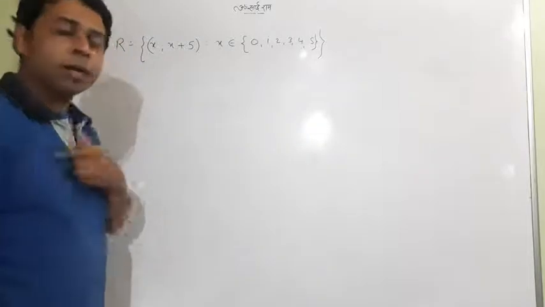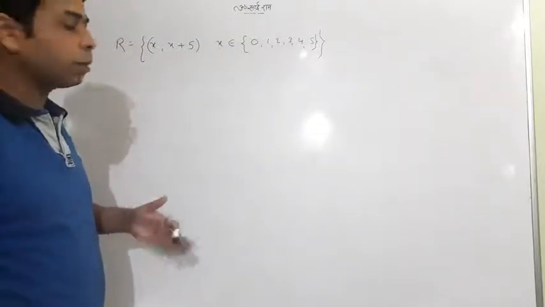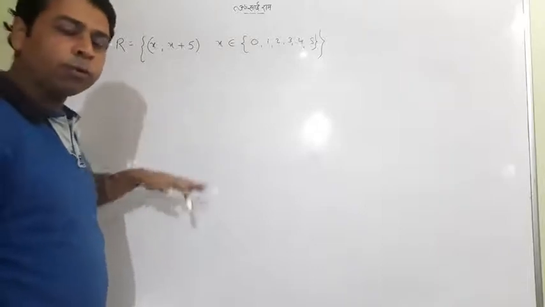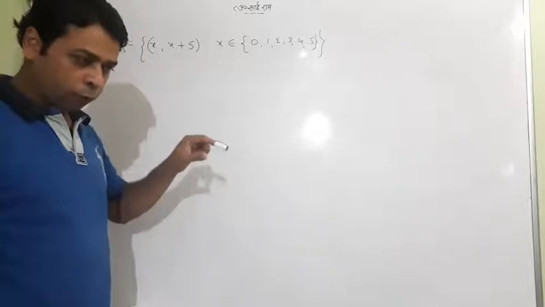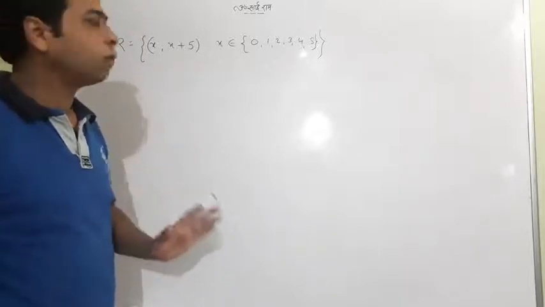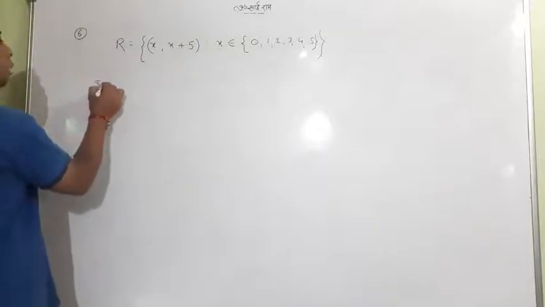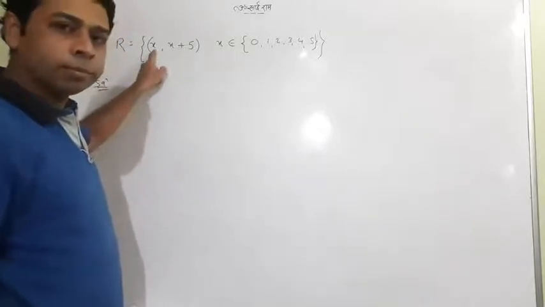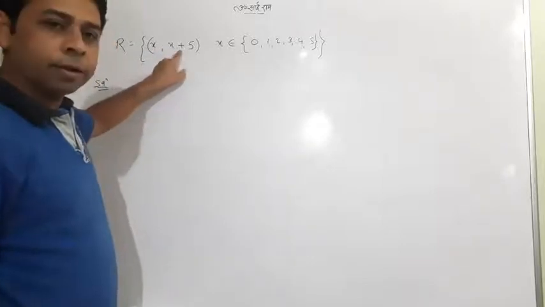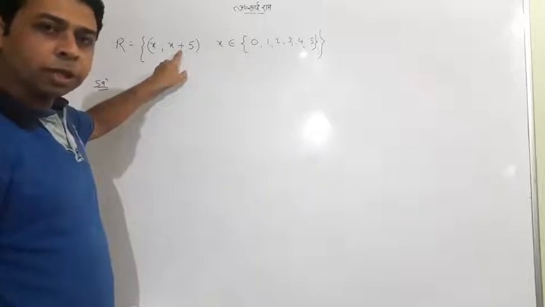I have already told you that whenever you find the domain and range, first it is in set builder form. You try to convert it into roster form. When you can find the roster form by looking at it, you can find the domain and range easily. So while going on with the solution, let me explain something. This is x and this is y. This time the y terminology is not given, but one should understand it is y.